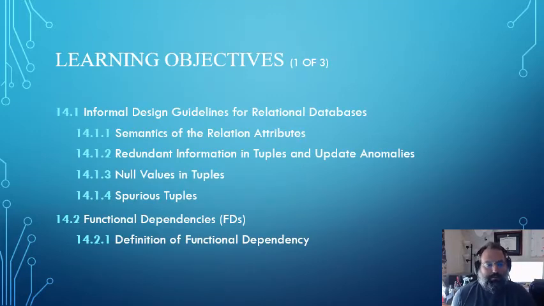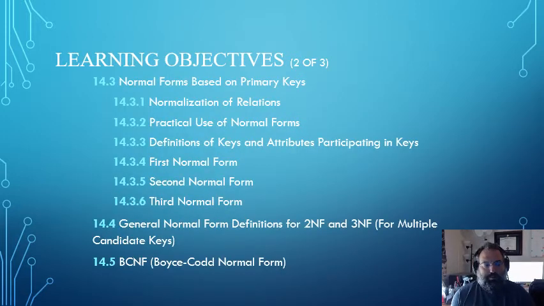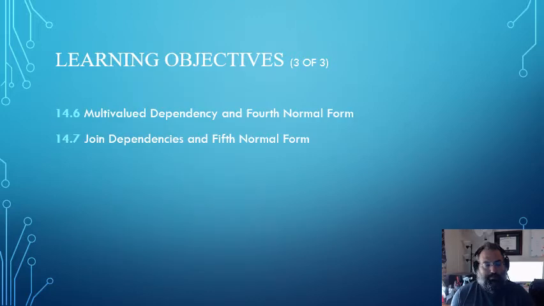The learning objectives are section 14.1, which deals with informal design guidelines for relational databases; section 14.2, which deals with functional dependencies; 14.3, which deals with normal form based on primary keys; 14.4, which deals with general normal form definitions for second and third normal form, and Boyce-Codd normal form. 14.6 is about multi-value dependencies with fourth normal form, and 14.7 is around join dependencies with fifth normal form.